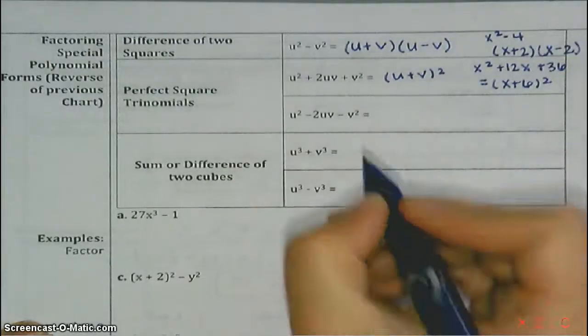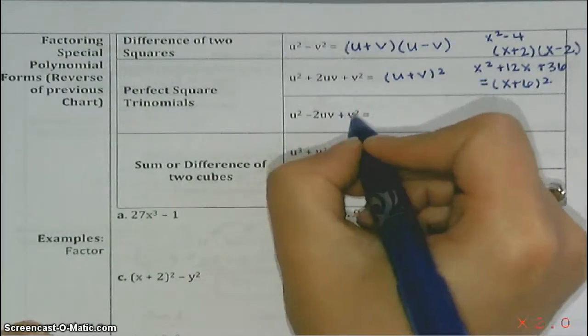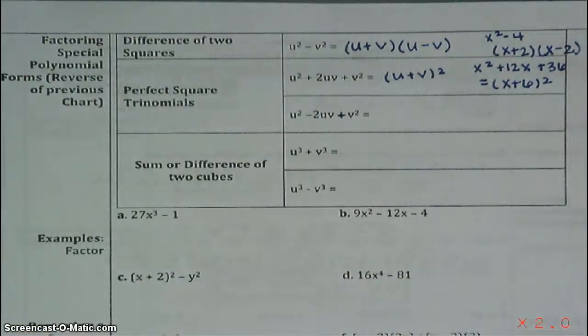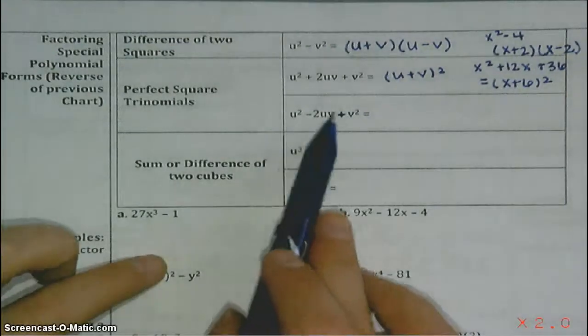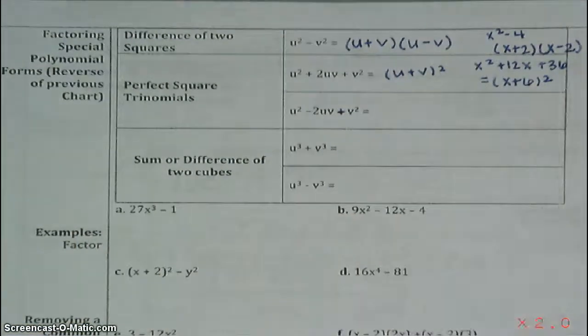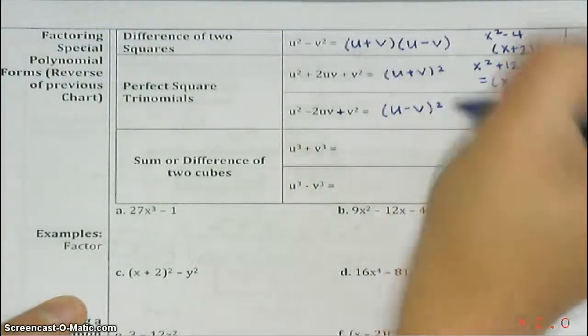Here, if you could change this to a plus sign right here. Anytime here we have the perfect squares, again, first and last term, and then negative 2 times their product on the inside, that will factor into u minus v squared.